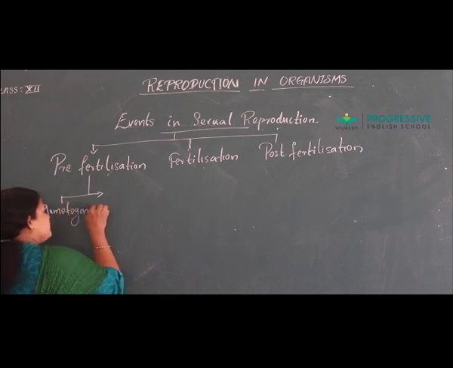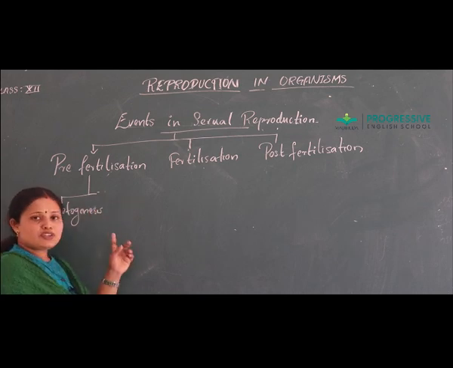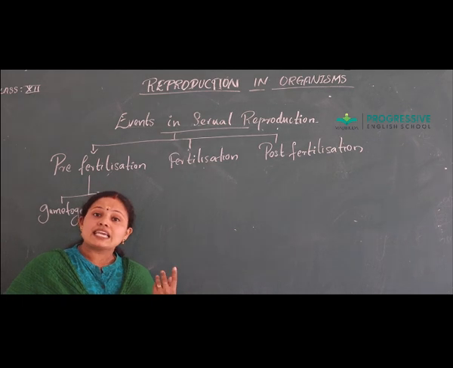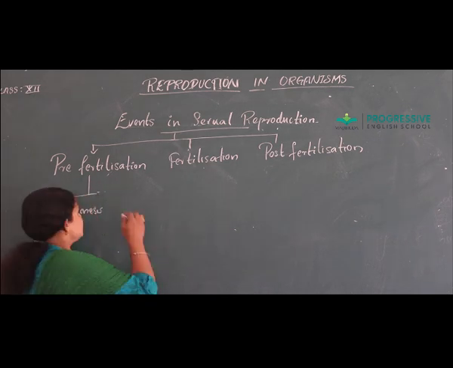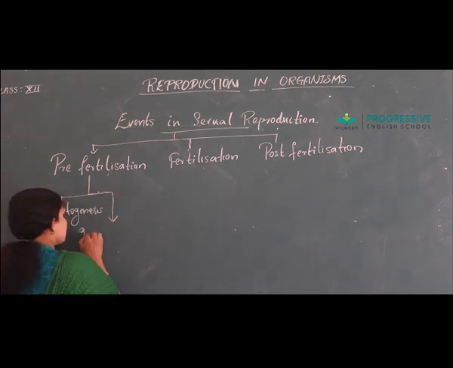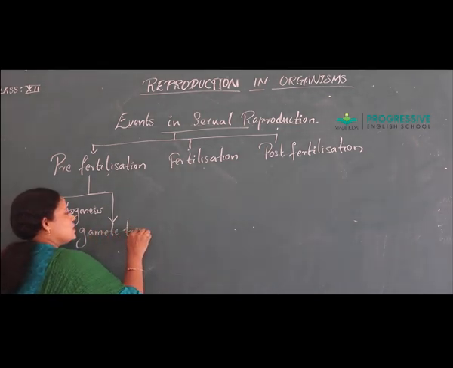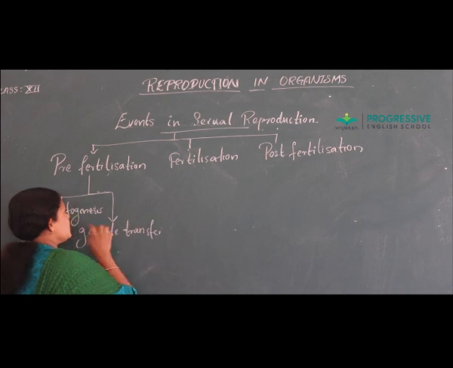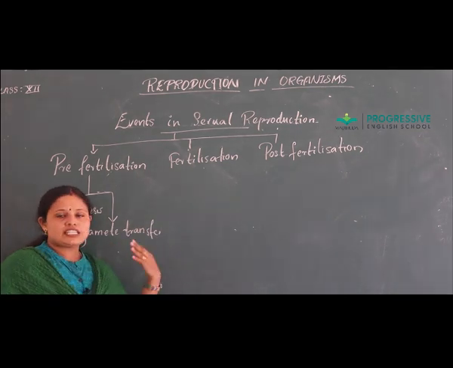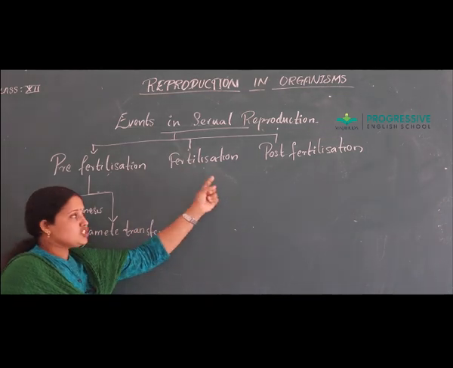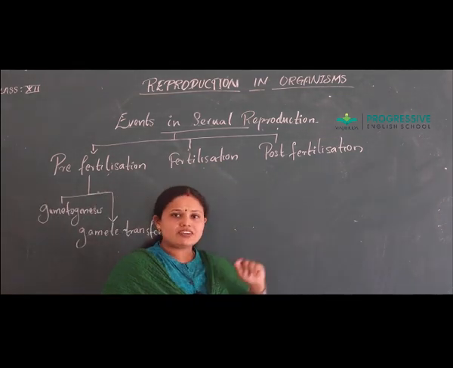And the transfer of these gametes, whatever is produced, is known as gamete transfer. Okay, and this pre-fertilization is already discussed. So today we will focus on fertilization and post-fertilization events.